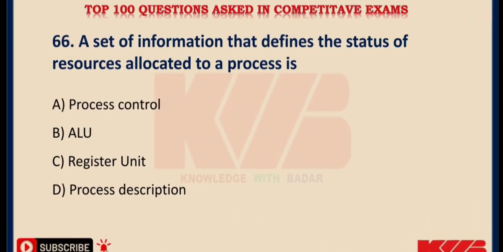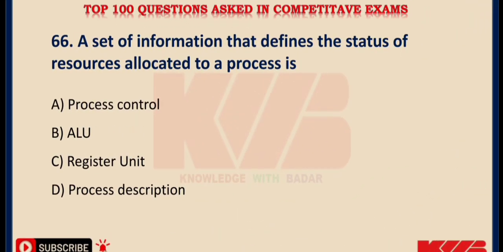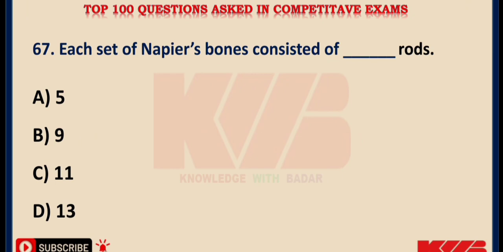The next question. A set of information that defines the status of resources allocated to a processor is process control, ALU, register unit, or process description. And the correct answer is process description. Each set of Napier's bone consisted of dash rods: 5, 9, 11, or 13.